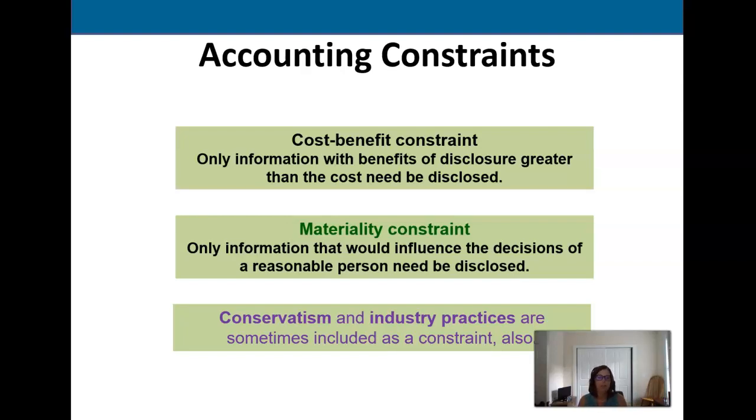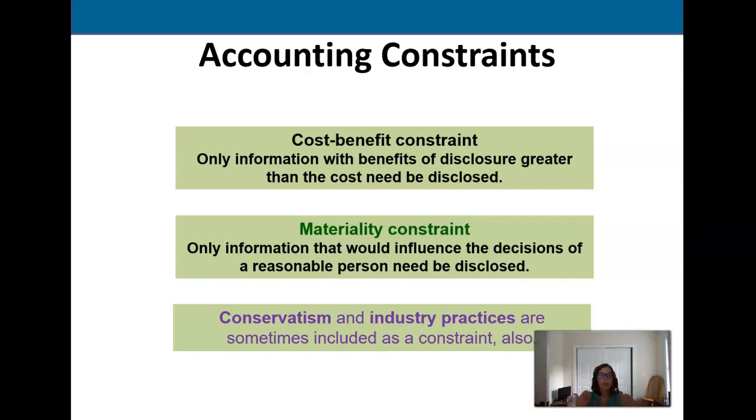And lastly, we've got to focus on conservatism. That means that basically we can often report things based on a range. And if we report at the higher range, our financial statement presentation might look particularly rosier than if we report at the lesser end of the range.